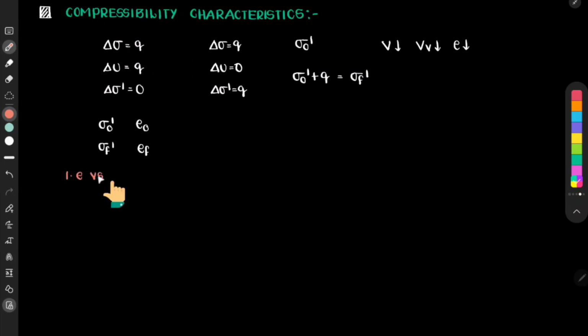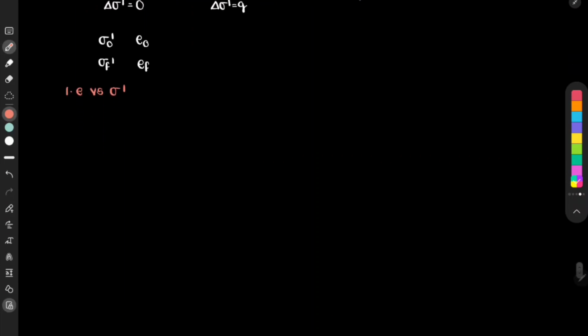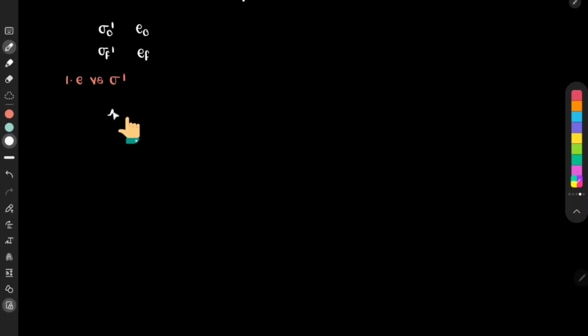So the first relation is between E versus sigma dash, void ratio versus sigma dash. Consider void ratio on the y-axis and sigma dash on the x-axis. What is the relationship between sigma dash and E? Sigma dash is increased, at the same time void ratio decreases. So as the effective stress increases, void ratio decreases, and this is how the graph looks.